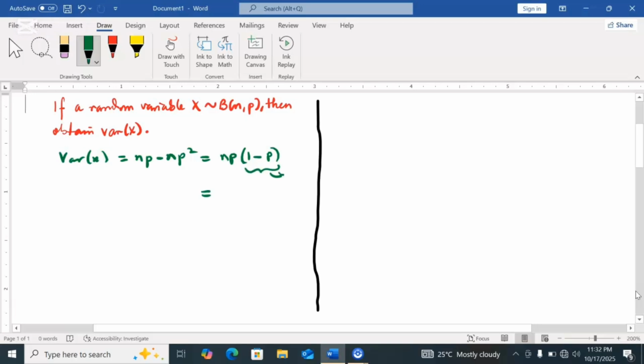So 1 minus p is q, so this will be npq. So we have the variance of x to be npq if x is binomially distributed. So this completes the proof.